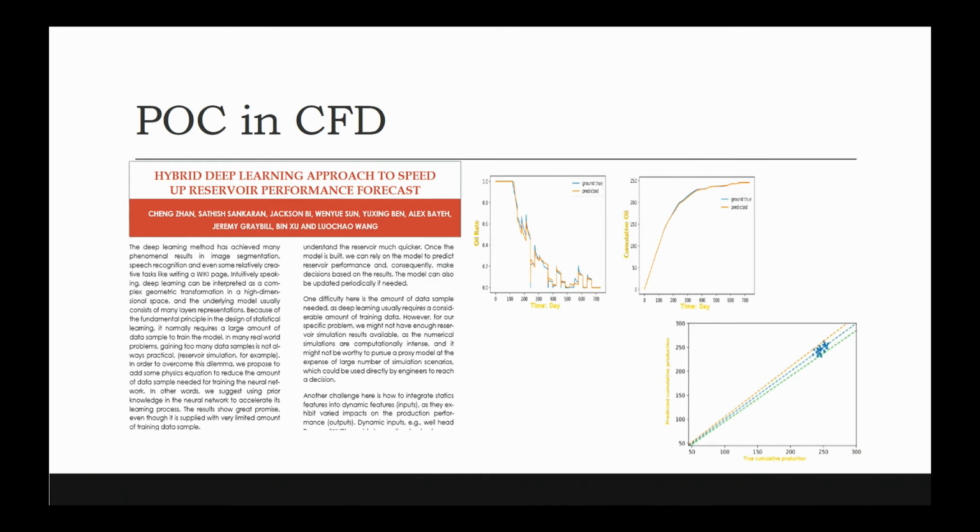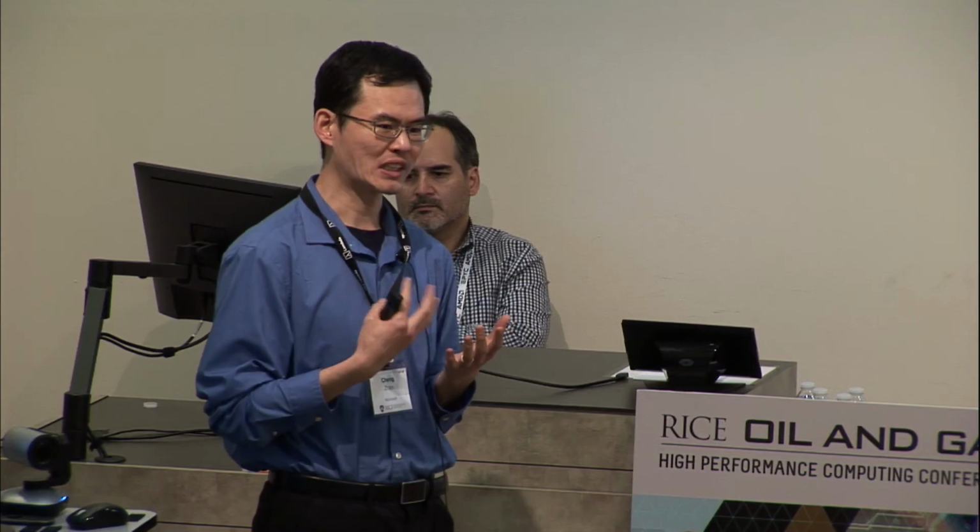And the orange one represents the result from the ML model. As you can see, the decline curves look pretty similar. And then there's a cumulative curve. So hopefully this can be another piece of evidence to convince you that it is reasonable to use ML to represent whether it's the reservoir simulation or the inversion. It's possible to achieve that.